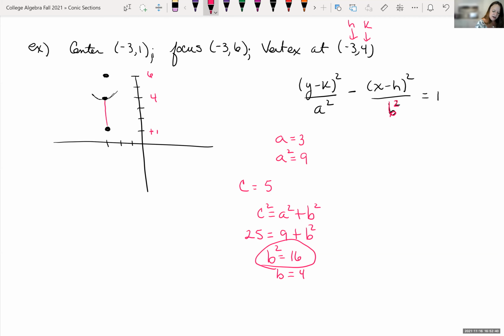So we have B squared, we have A squared, we have our H and K value, and so now we have that equation. So we have y minus k, so y minus 4, quantity squared all over a squared, which is 9, minus x minus h, so x minus -3, x plus 3, quantity squared all over b squared, which was 16, is equal to 1.